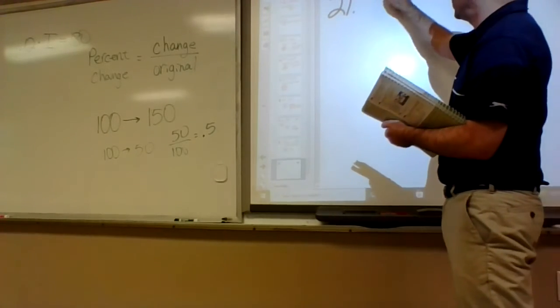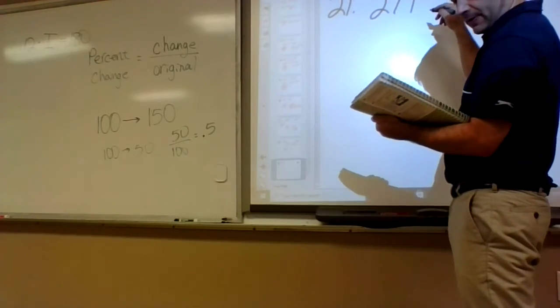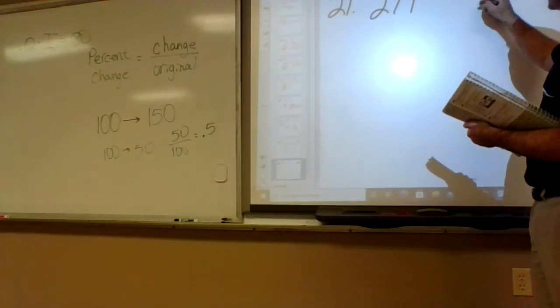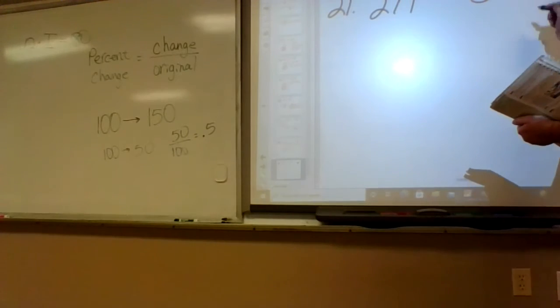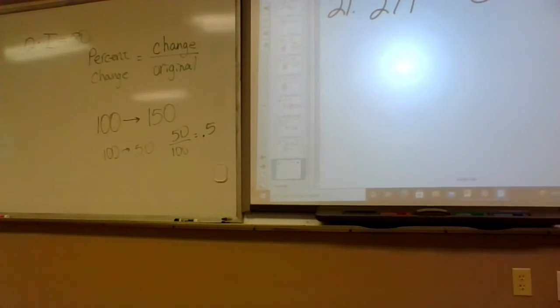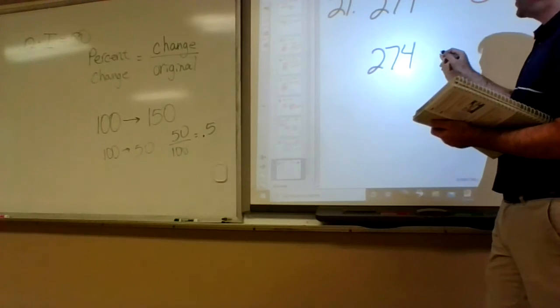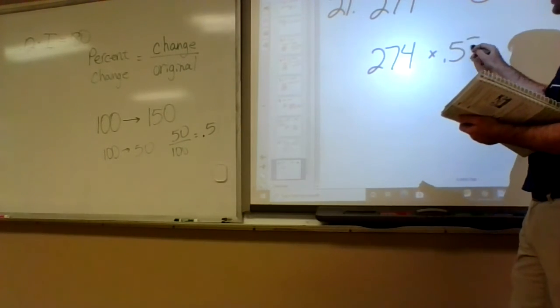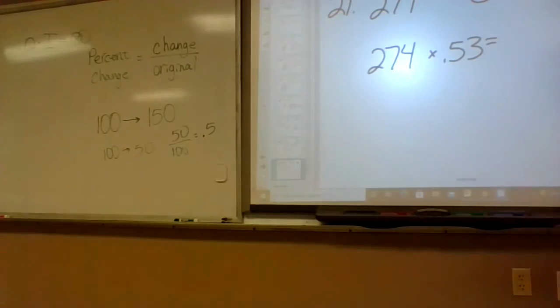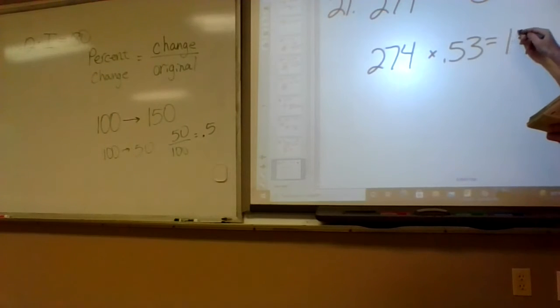Okay, 21. Getting close, 3 more. 274, and we're supposed to increase it by 53%. This is just like numbers 5, 7, and 9. 274 times 0.53. First, we need to figure out what 53% of 274 is. 145.22.